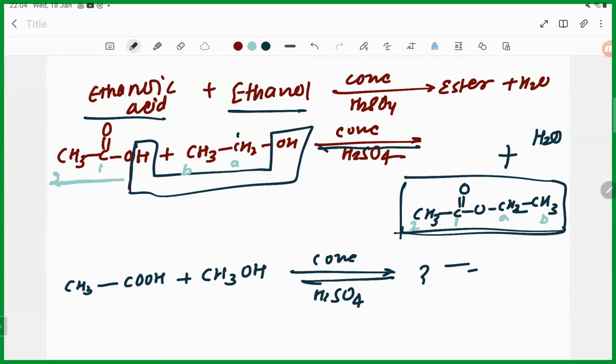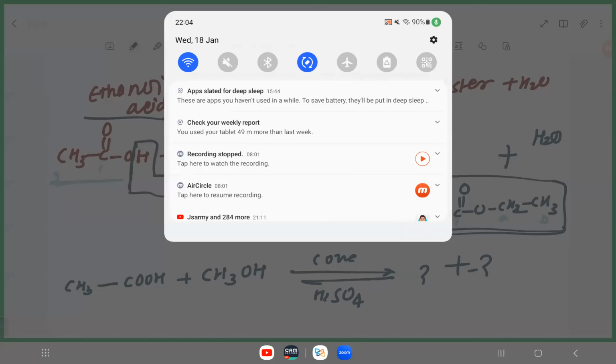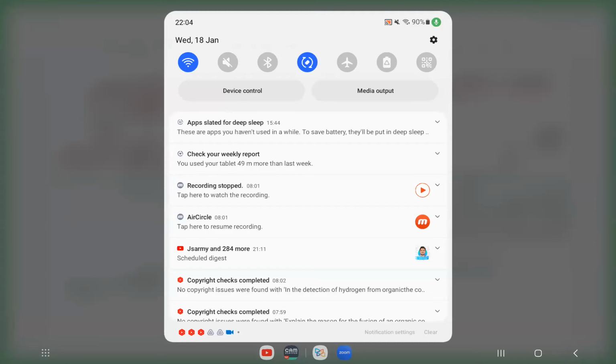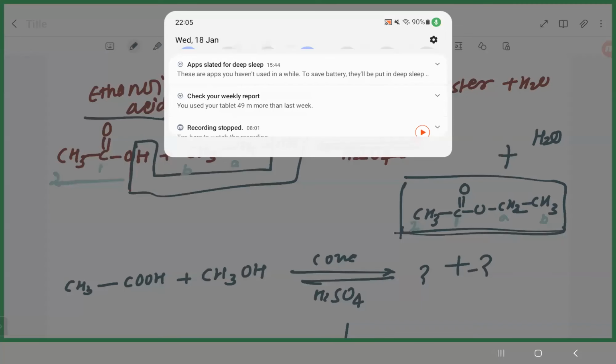I am making you the admin, and so you can become the teacher. Sorry, not able to connect to Zoom.